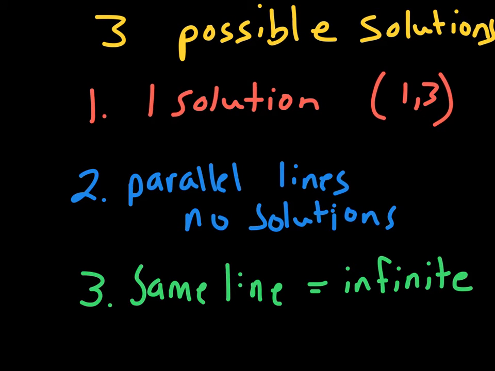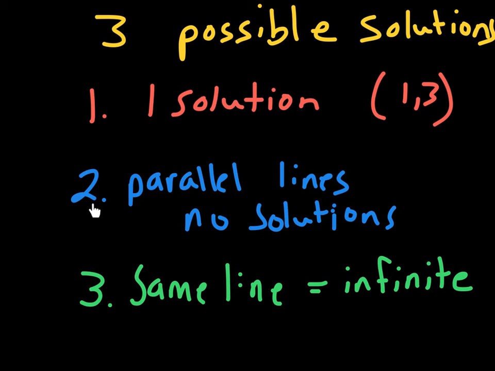There's 3 things that you just need to remember from this lesson. There are 3 possible ways that a system of equations is going to have a solution. We covered number 1 in the last section. There might be one solution where 2 lines intersect. For example, 1, 3. We did that in the last video, remember? When we had intersecting lines, that's one possible scenario.